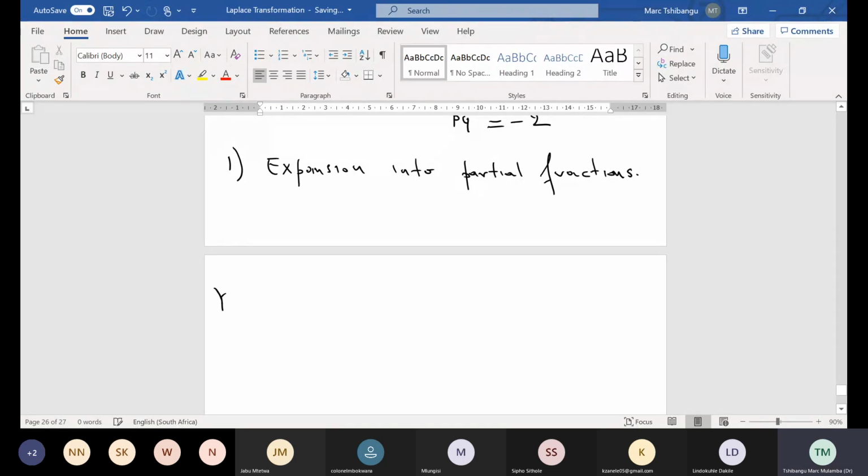So Y of s is equal to 1 over s plus 1 cubed s plus 2 is equal to, into partial fraction, C1 over s plus 1 plus C2 over s plus 1 squared plus C3 over s plus 1 cubed.